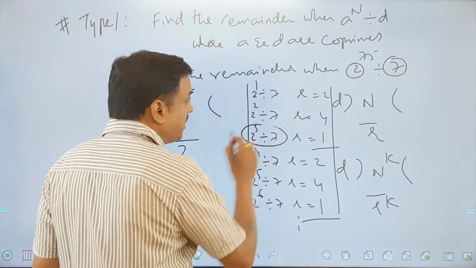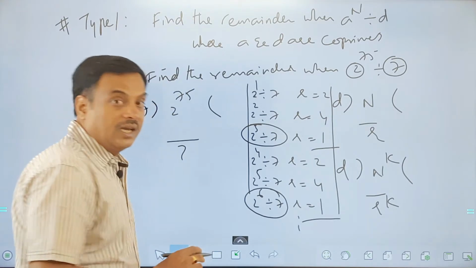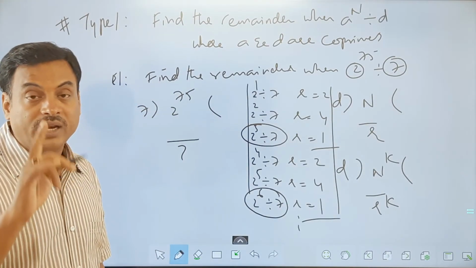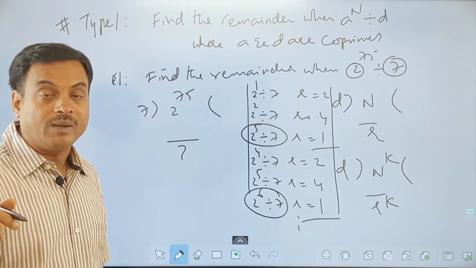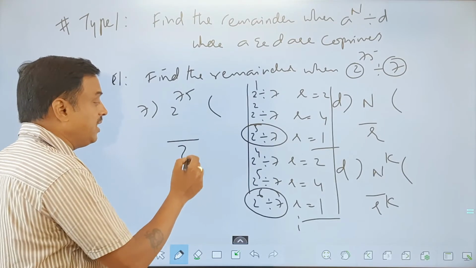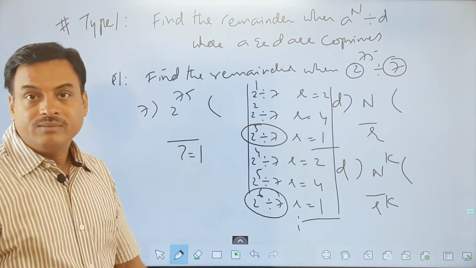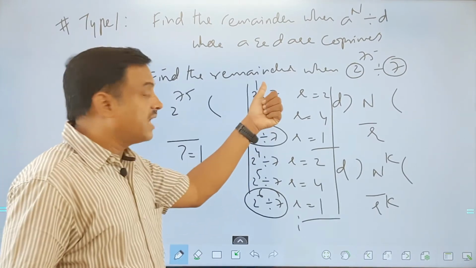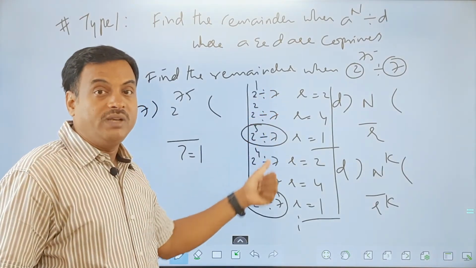Whenever the power is a multiple of 3, remainder is 1. Every third power is giving me a remainder as 1. So this is also a multiple of 3. My remainder is definitely 1. That's the idea. So I'll see the cyclicity here starting from power 1, 2, 3, 4, so on.